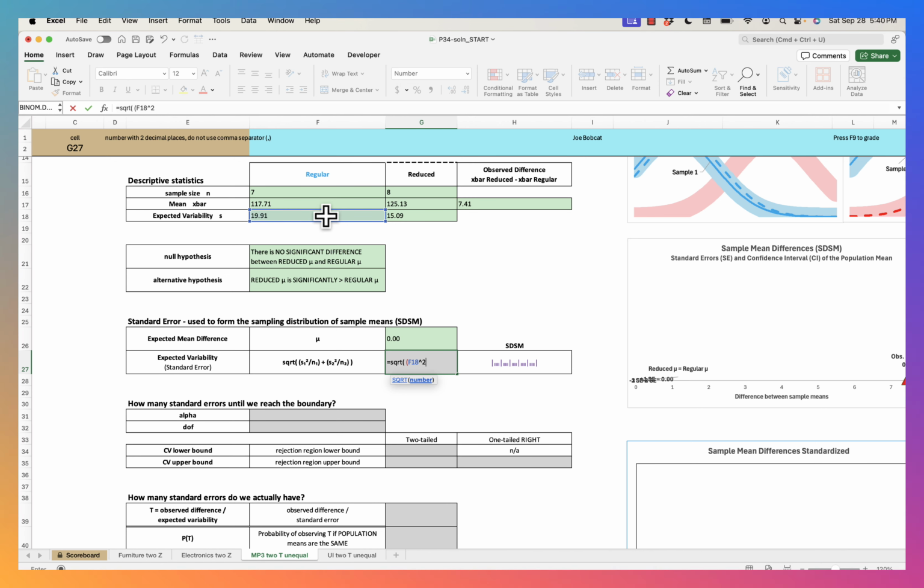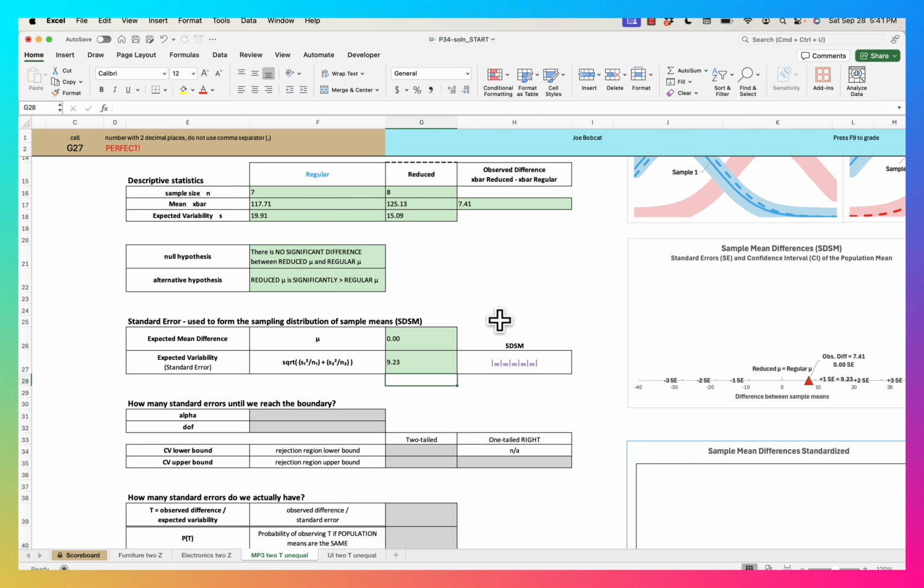And that's a little bit of loss of precision because the standard deviation from the sample may or may not match exactly the population. Okay, so there's our expected variability.